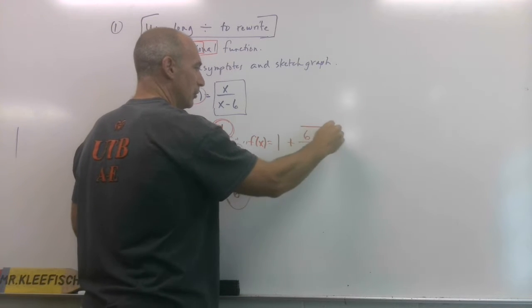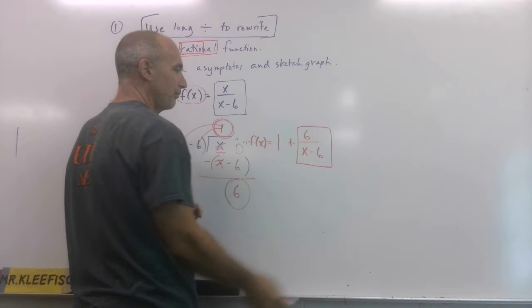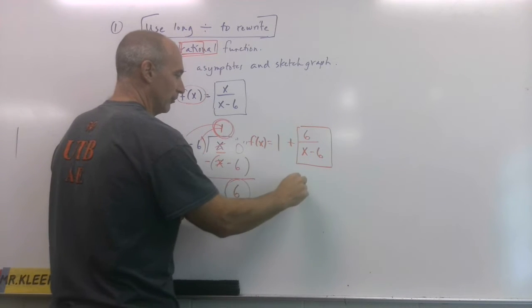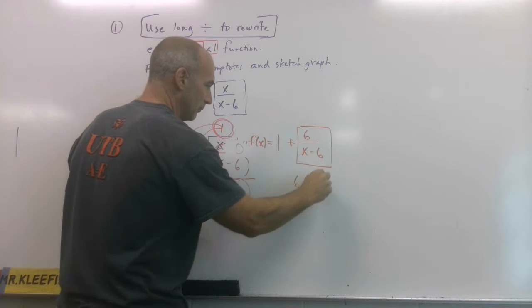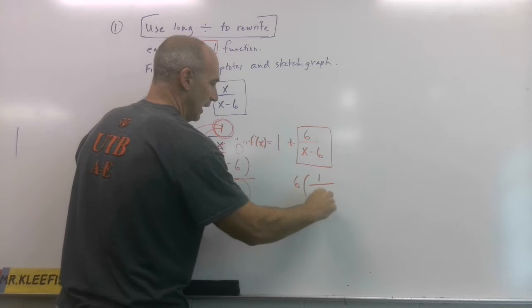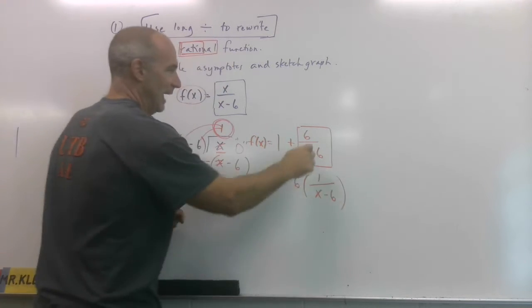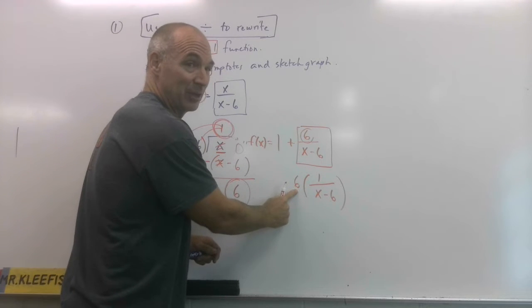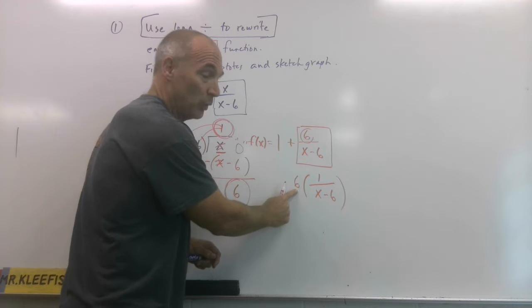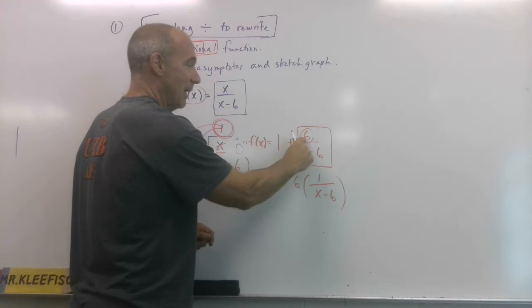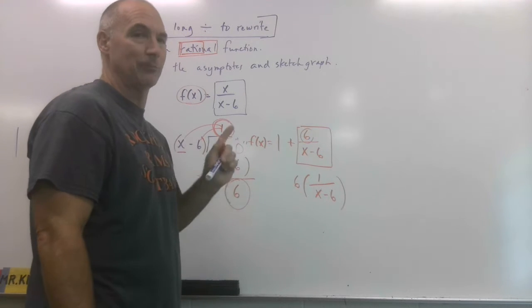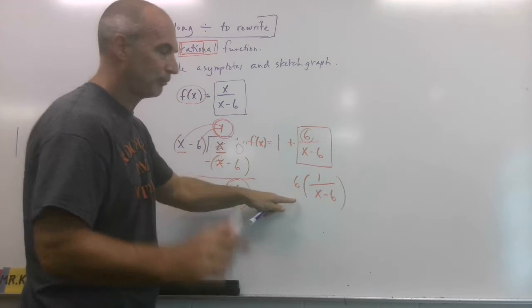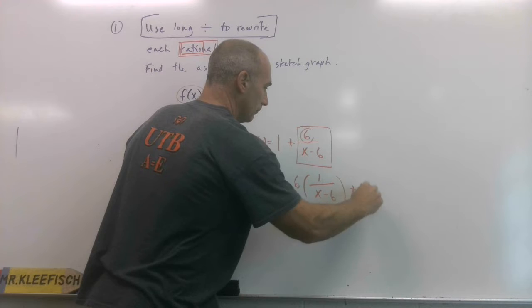I'm going to take that and put it first: 6 times 1 over x minus 6. Having this 6 out in front helps me understand it's a vertical stretch. Now, do you have to do that? No. You can just look at this and go, it's a vertical stretch times 6. But I want to spell this out for you a little better. But then the plus 1.